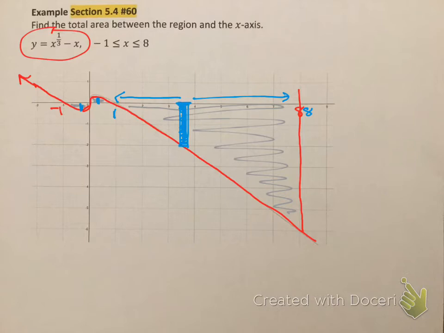In fact, let's make these a different color. The top and the bottom of that rectangle. Are you comfortable that the top of that rectangle, as you slide it, will stay on the x-axis, and the bottom of that rectangle will stay on this curve right here, which is y equals x to the 1/3 minus x? I hope you are.